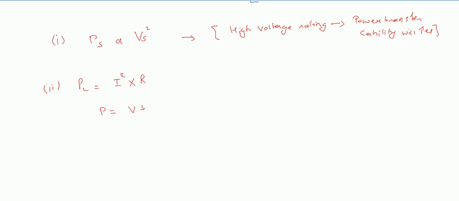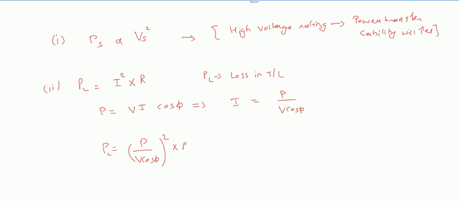If I take the I value, that will come as P by V cos phi. So if I put the value of I in the power loss term, PL, the loss in the transmission line, this will become P by V cos phi, whole square, into R.